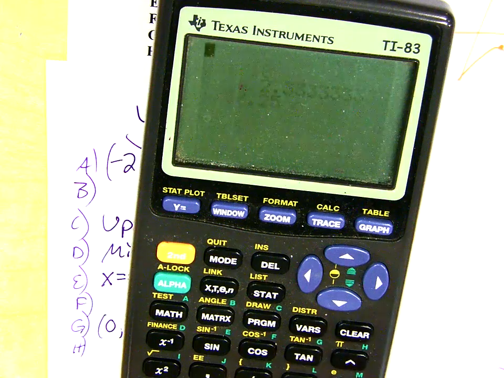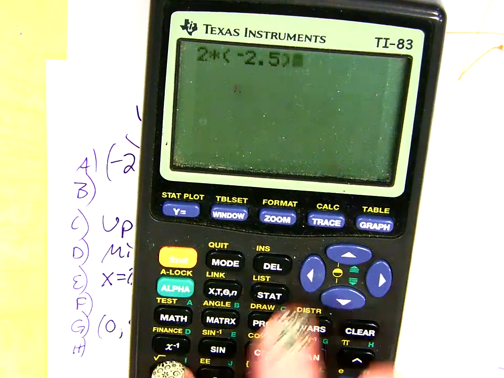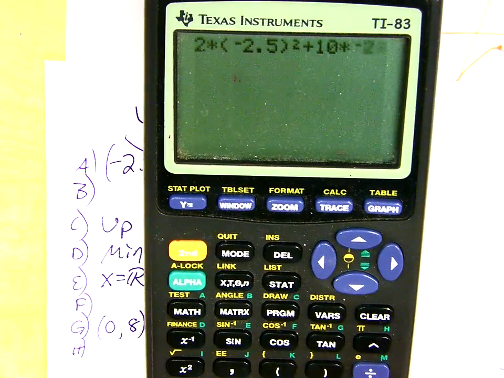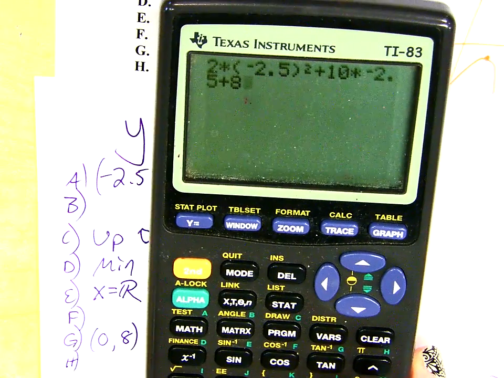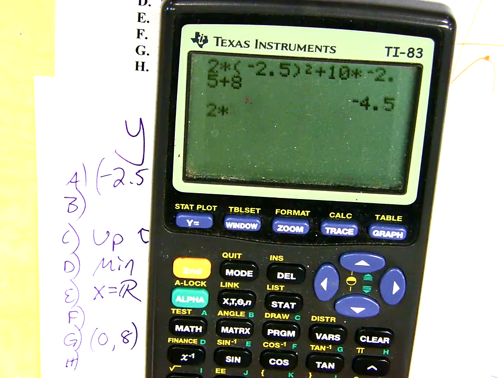This is much better. Okay, so I would do 2 times negative 2.5 squared plus 10 times negative 2.5 plus 8. So there's everything all at once on the graphing calculator. There you go, a negative 4.5. So again, if you are doing it as a fraction, it's the same thing.